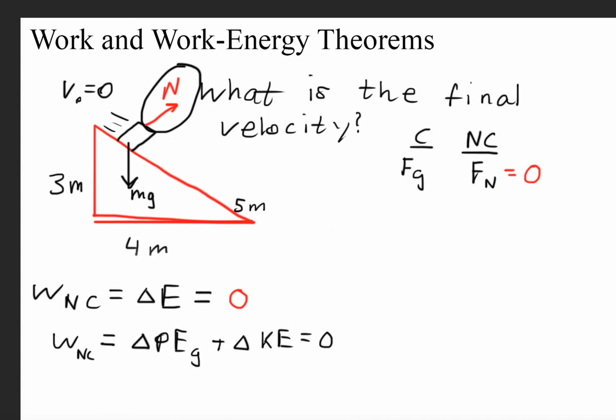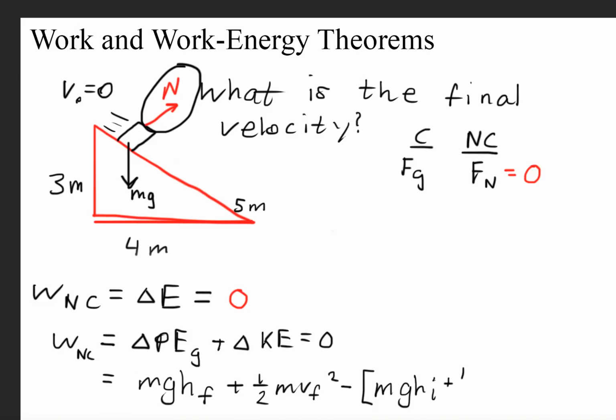So what we have to do now is write everything out. So we have our mgh final plus our 1/2 mv final squared, and then we'll subtract that away from our mgh initial plus 1/2 mv initial squared, and all of this equals 0.